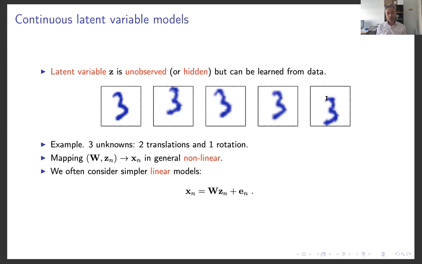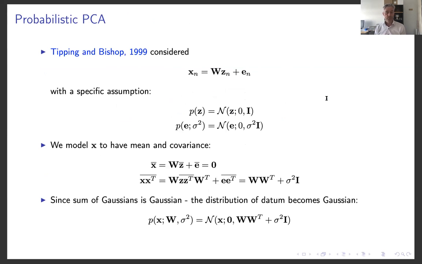Often we'll start out with a linear model. That's a very good idea in many cases. So we can take one model here where we say that there's a linear relationship between the latent space and the data space, and then there's some kind of residual noise E that cannot be explained by the model. It turns out that principal component analysis can be given an interpretation in terms of such a linear latent variable model.